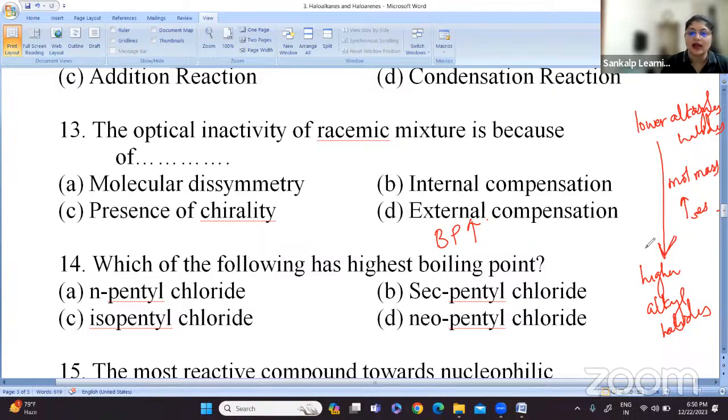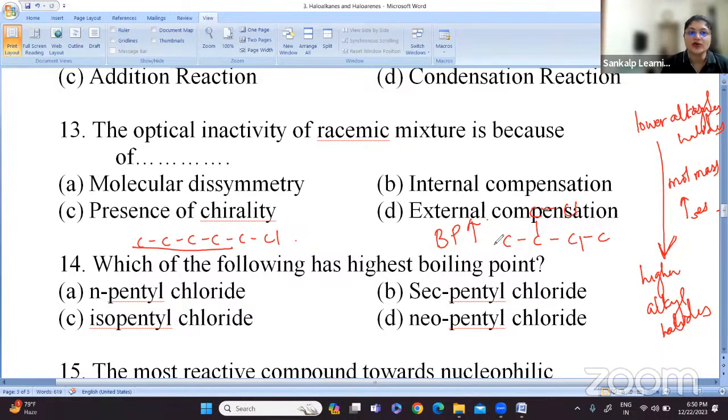Another thing you have to remember is branching. n-Pentyl means a straight compound with 5 carbon atoms. Secondary means it will have a secondary branch.